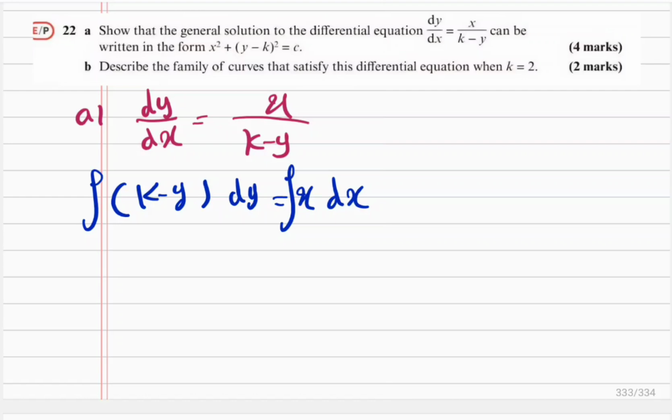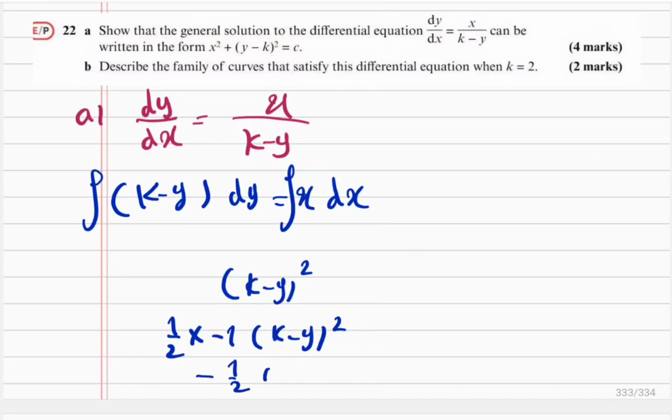Basically we can guess that it's going to be (k minus y) squared, because we just add 1 to the power. Then let's differentiate this and adjust.